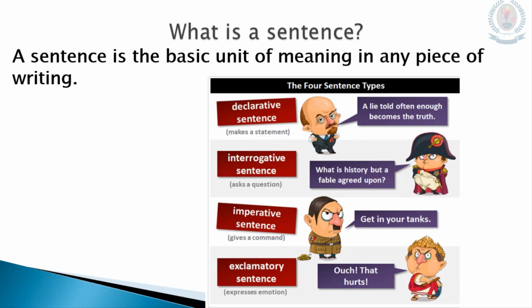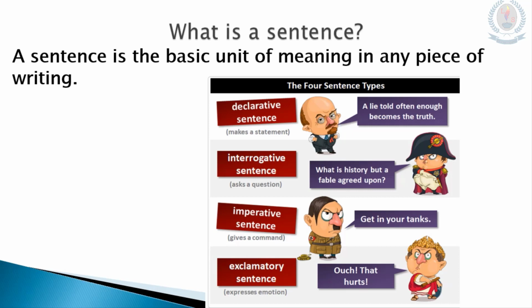The third type of sentence is imperative sentence. An imperative sentence gives a command. Look at the example given. Get in your tanks. So it's a command. We call such sentences imperative sentences. How you recognize an imperative sentence is by looking at the first word.